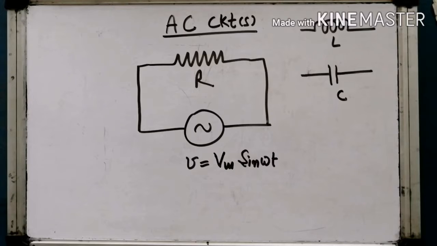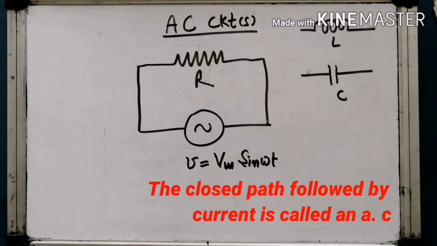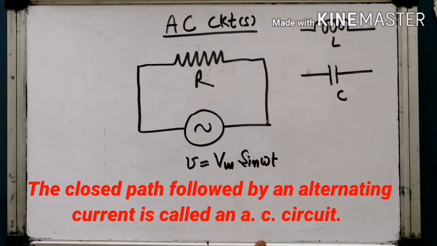Now the definition: a closed path followed by an alternating current is called an AC circuit.